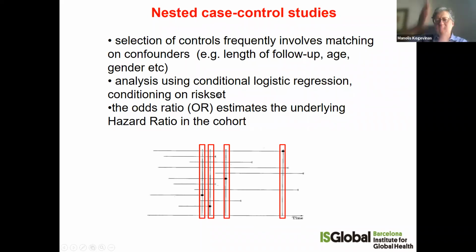So we have each analysis by risk set. And because we have sampled, this is something also that Neil mentioned in his lecture, because we have sampled from person years, our odds ratio would be an estimate of the hazard ratio or of the rate ratio. So we calculate an odds ratio because it's a nested case control study, but this would have been equivalent as if we had done a totally prospective cohort design and analysis.